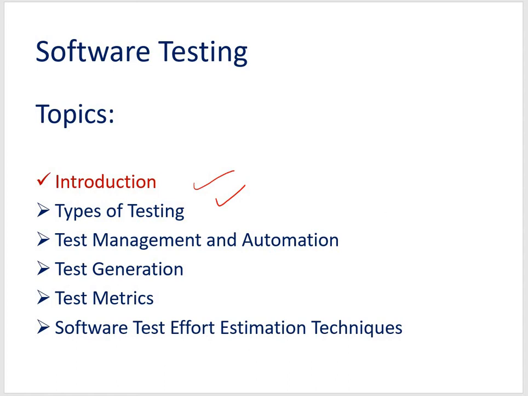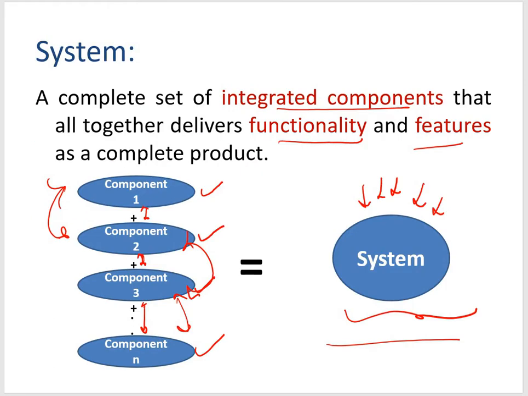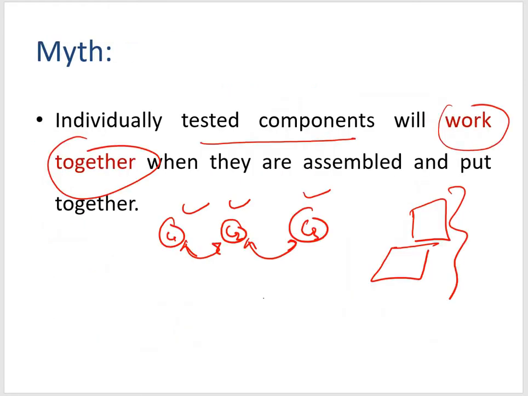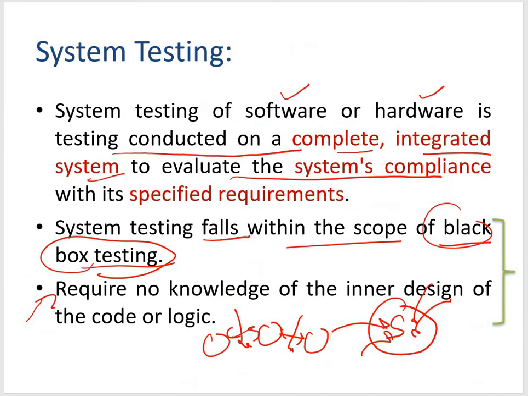We were talking about the types of testing, and then we looked into system testing, and we talked about some of the myths, along with the things involved in system testing and some basic definitions.